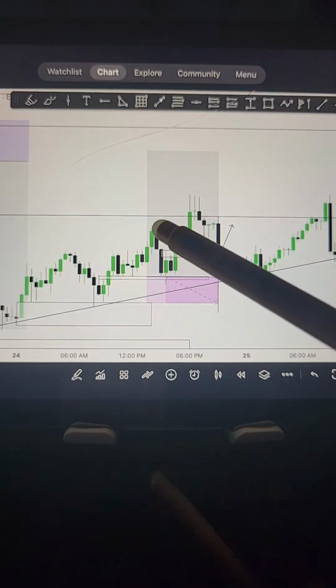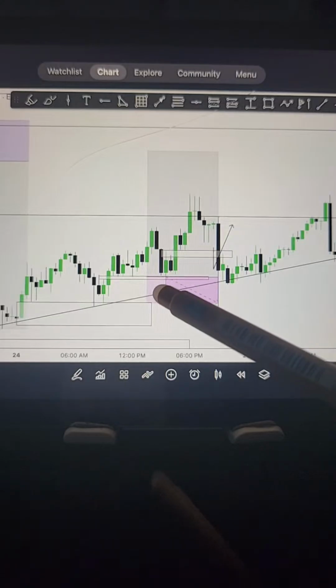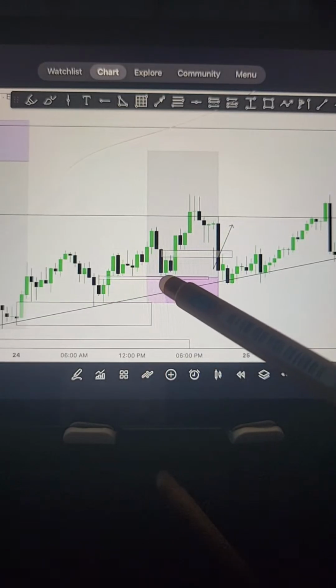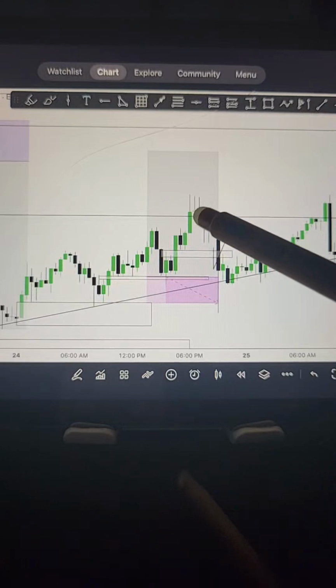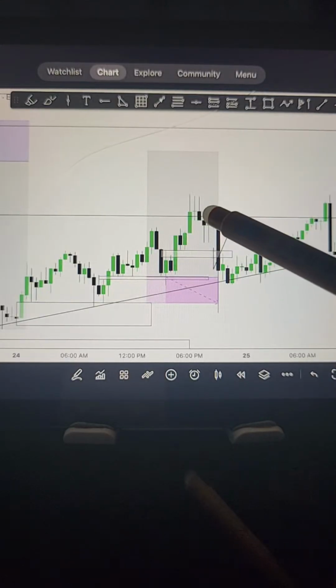I got into this trade when price did this break of structure here to the upside. Price did a pullback, so I got inside this trade around this zone here. You can see this zone that I marked here. Price tapped me in and gave me this movement. So when I started seeing price doing this reverse pattern, I closed half of my profit.